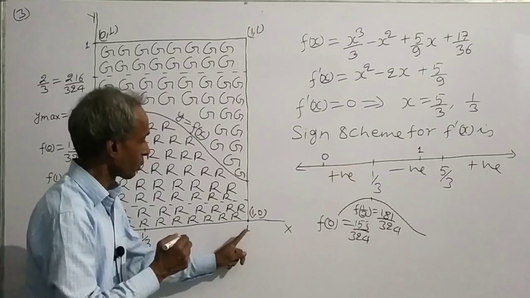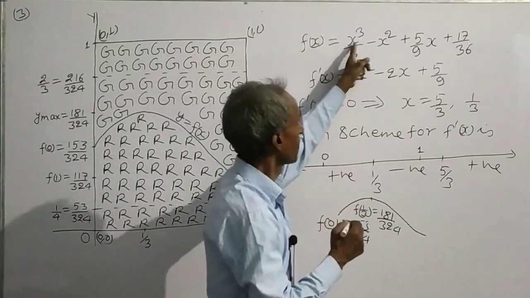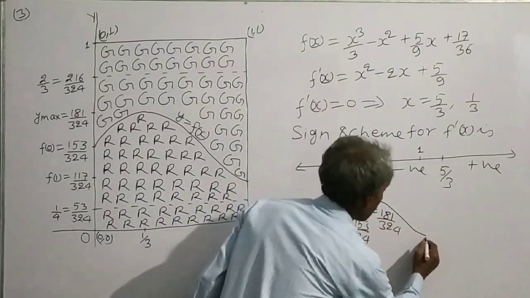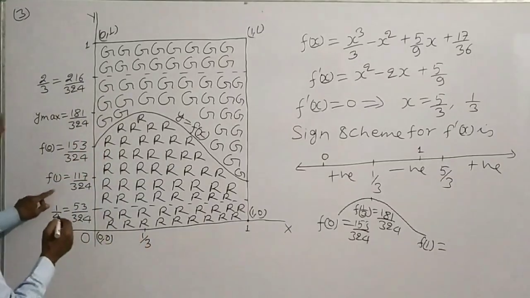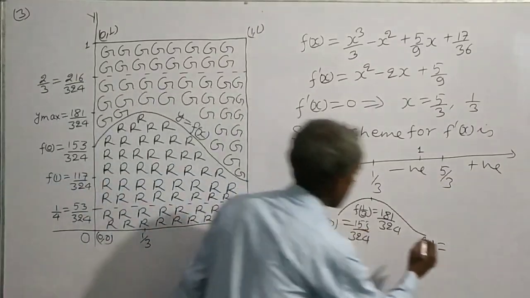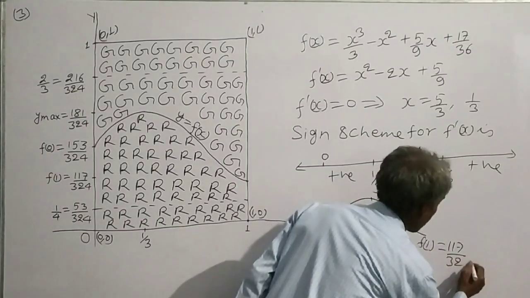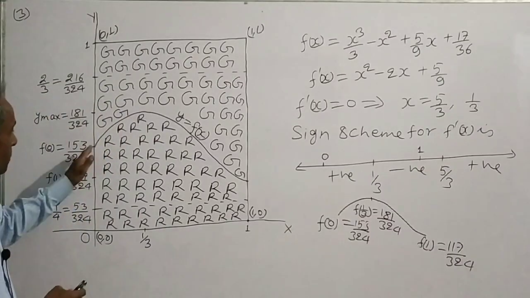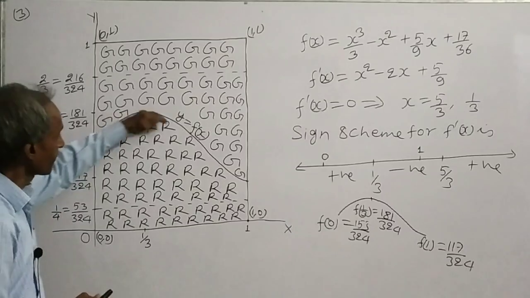And when we put 1 in place of x here, that means everywhere on the right hand side, we get f(1) = 117/324. Therefore, the graph of y = f(x) will look like this.